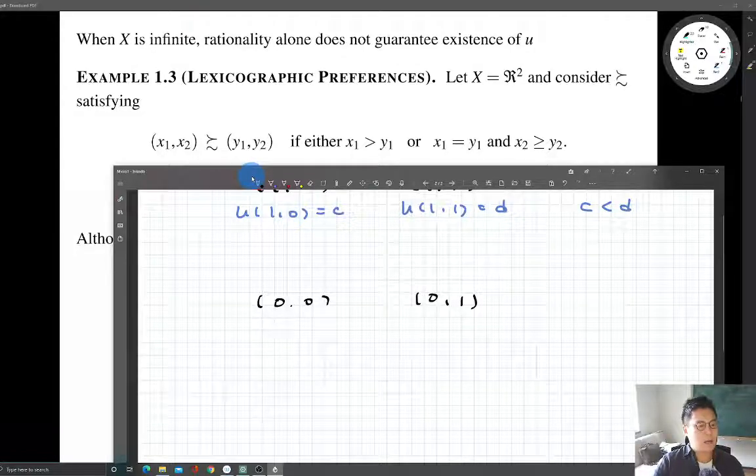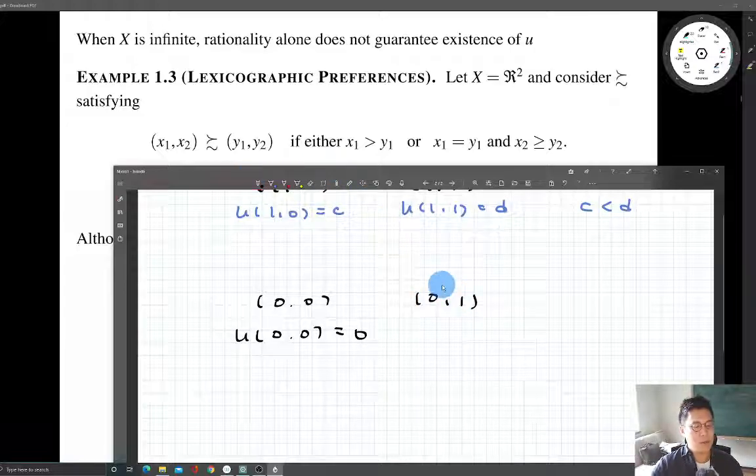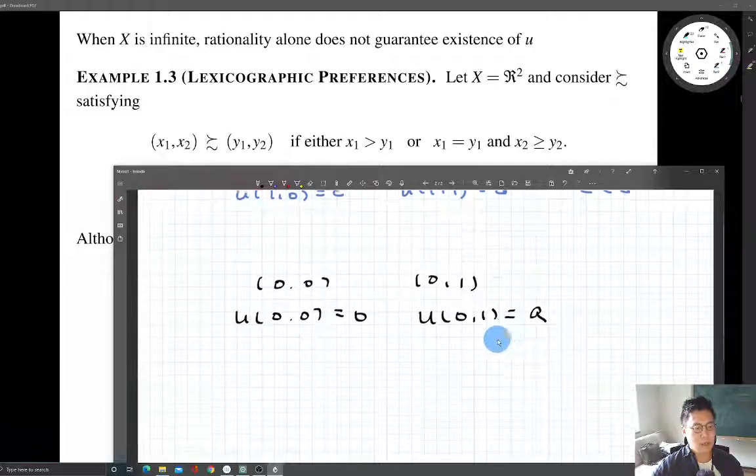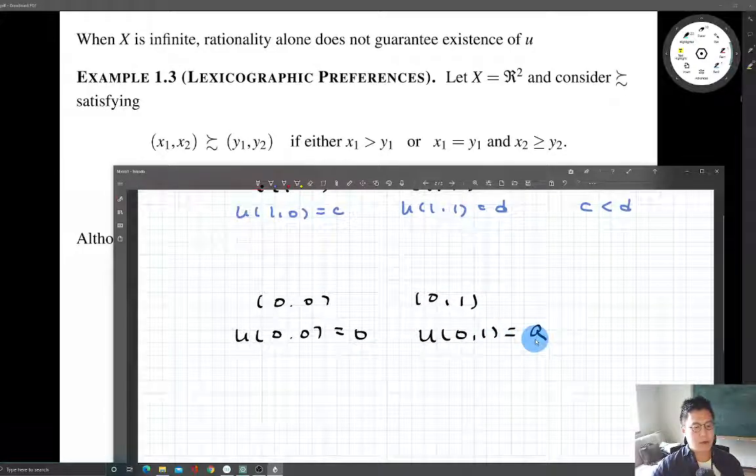I'd like to assign number 0 to (0,0). And (0,1), say this is a number a. So u of (0,1) is a, and u of (0,0) is 0. So a is strictly positive, so a is larger than 0.